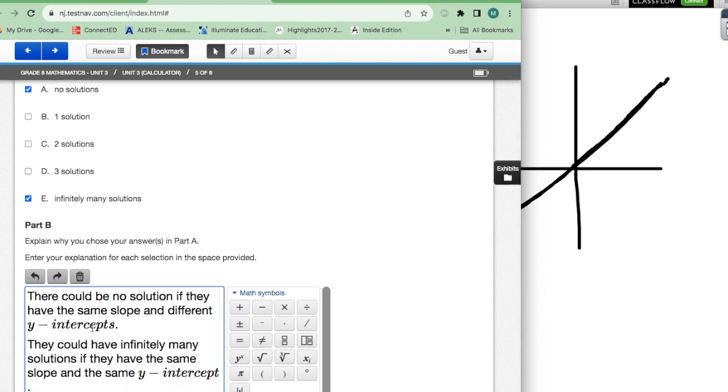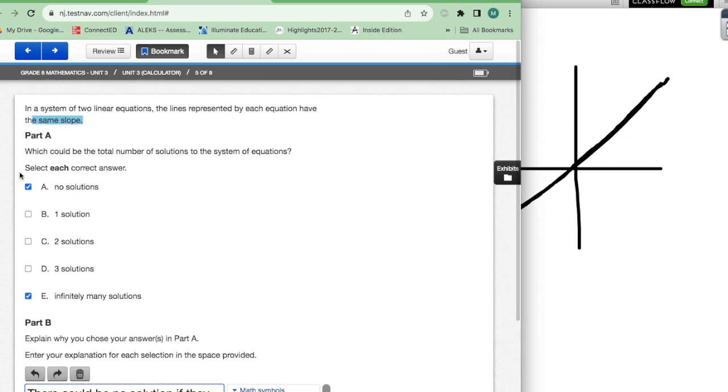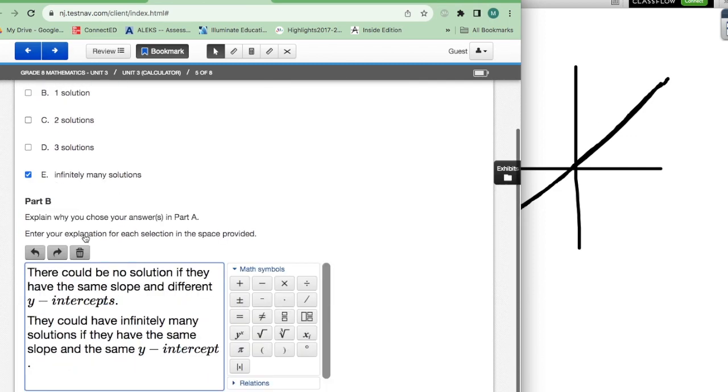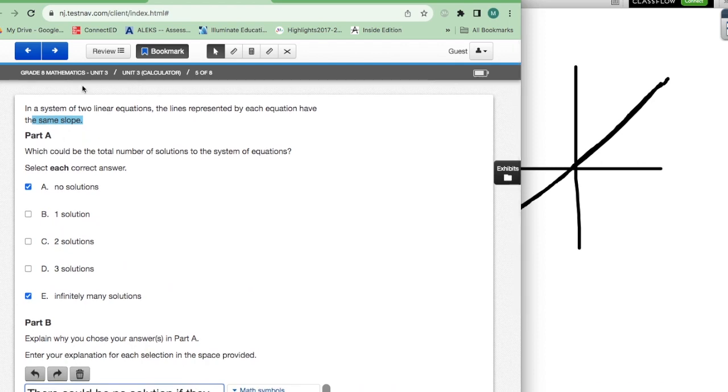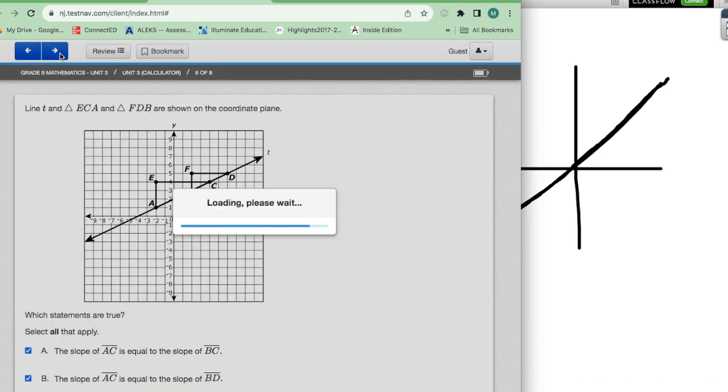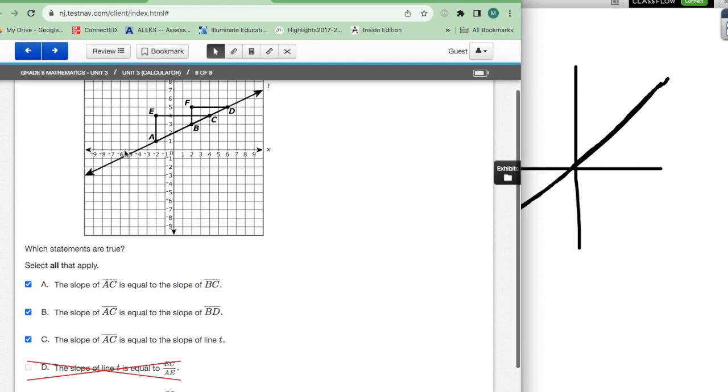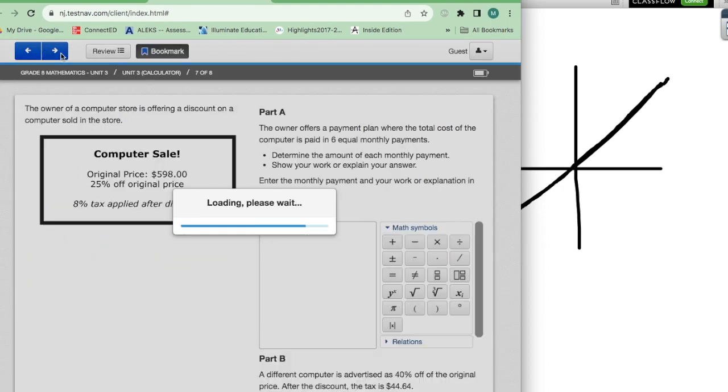That just changed itself to be italics when I hit the dash, but that's all right. So this one actually wasn't too bad. It was testing our knowledge of knowing what slope is. This one we already did.